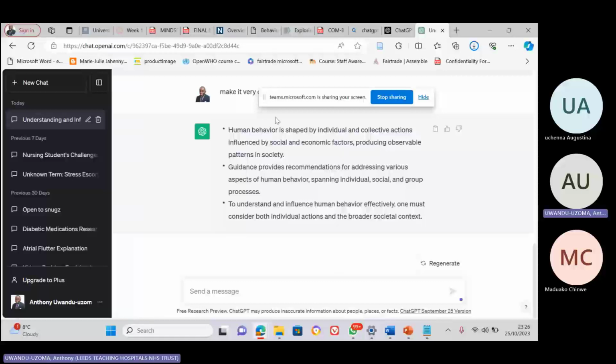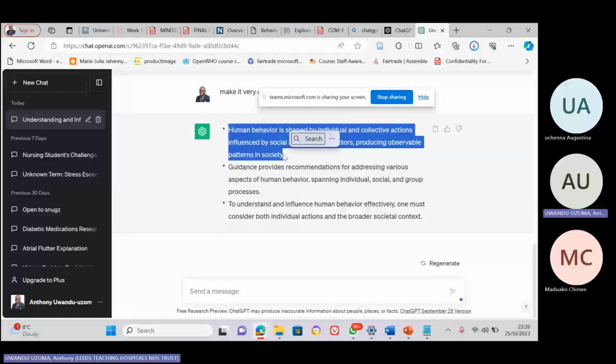Okay. Now I can break this sentence down. I have divided it into 2. So I have human behavior is as a result of activities of different individuals and also activities of the community as a whole.